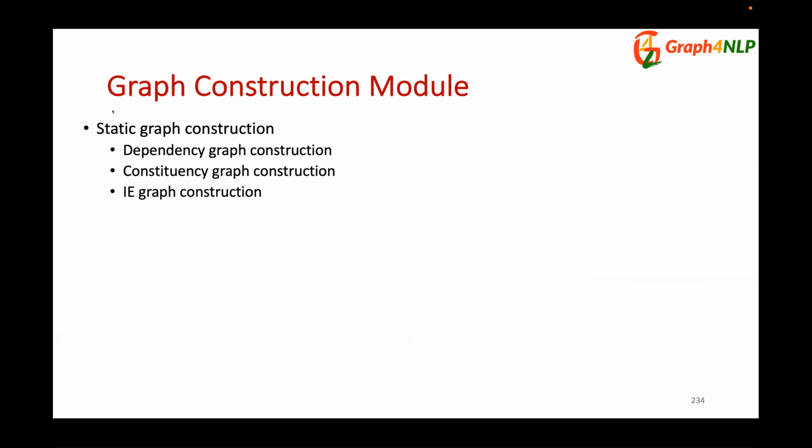So let's first talk about the graph construction module. As we mentioned earlier, graph construction is really important. In the current version of our library, we provide APIs for both static graph construction and dynamic graph construction. For static graph construction, we provide 3 built-in APIs, which include dependency graph construction, constituency graph construction, and IE graph construction.